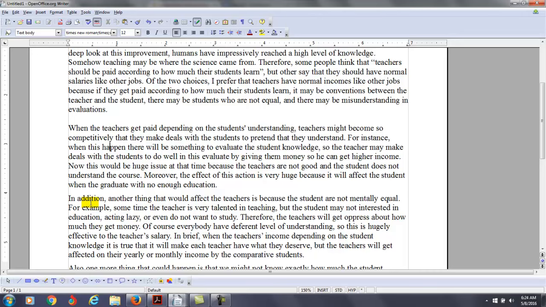For instance, when this happens, there will be something to evaluate the student's knowledge.